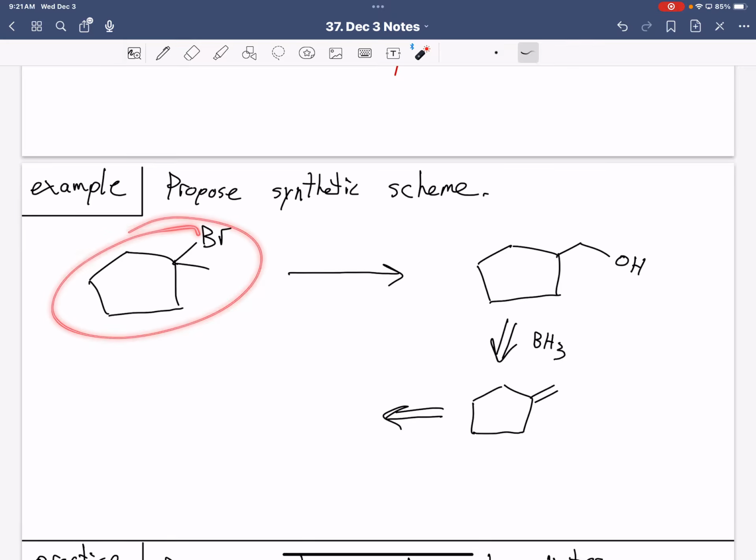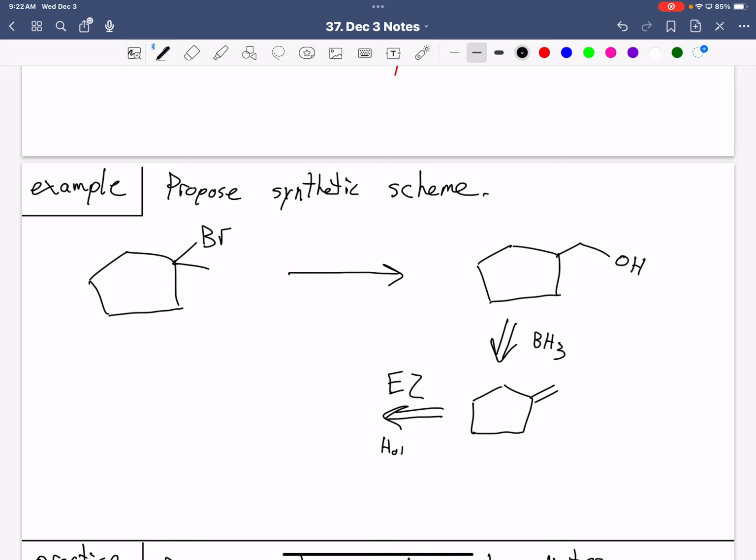If I'm headed here from this alkene, well, we have that methyl group out here already, or at least a carbon out there that can become a methyl. But we have to get rid of this Br. So what do we know that gets rid of bromine and leaves an alkene behind? Well, that's just an elimination reaction.